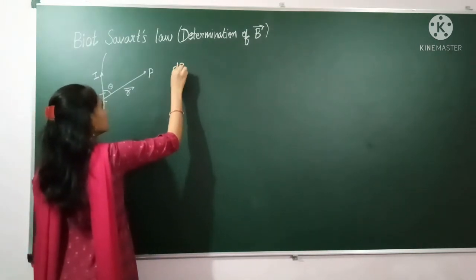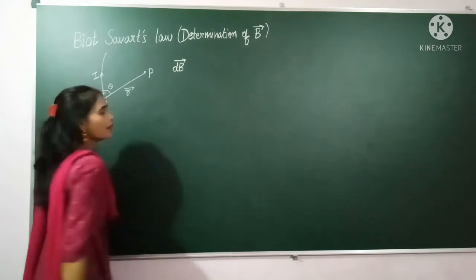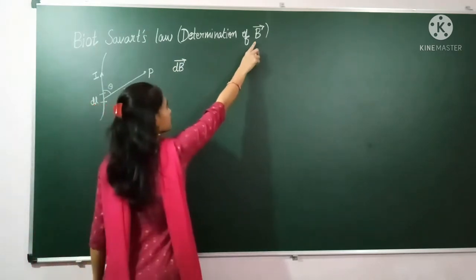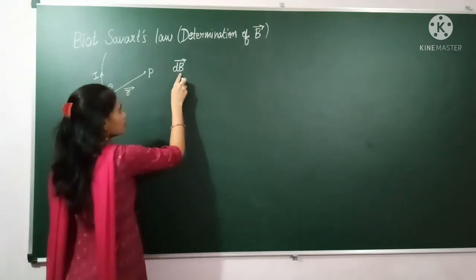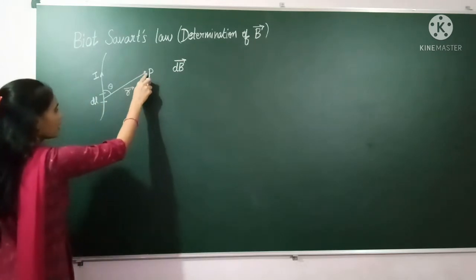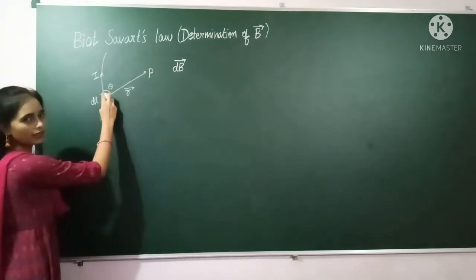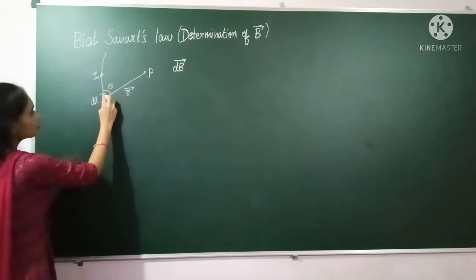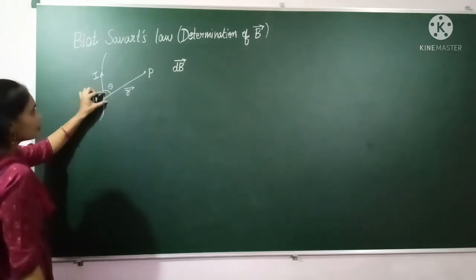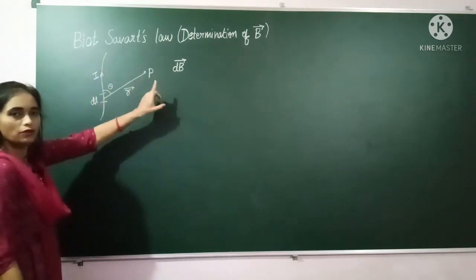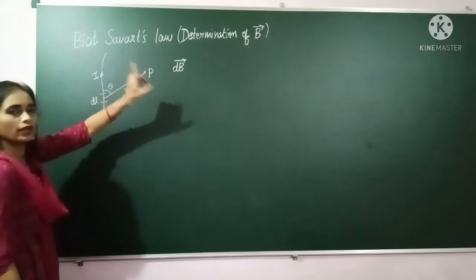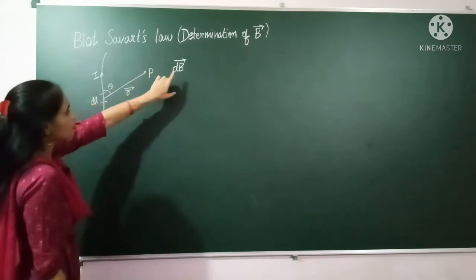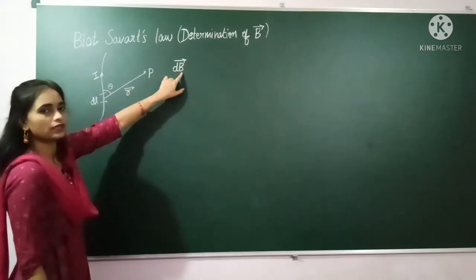Magnetic field is denoted by the letter B. Here I am writing dB because we are calculating the magnetic field due to this small current element. If the current element is very small, the magnetic field produced is also very small. So for the small magnetic field we write vector dB.